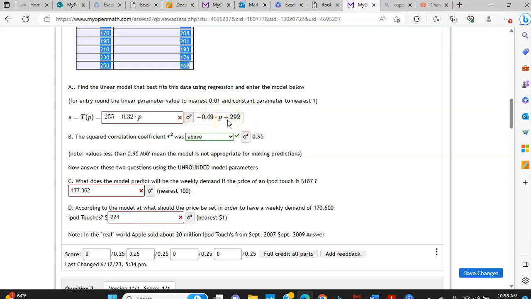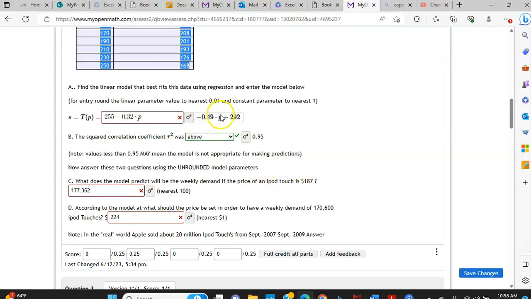So we're going to have T of P, or I'm just going to call it S, is negative 0.49 P plus 292 instead. And we want to know, what does the model predict will be the weekly demand if the price of the iPad Touch is 187?